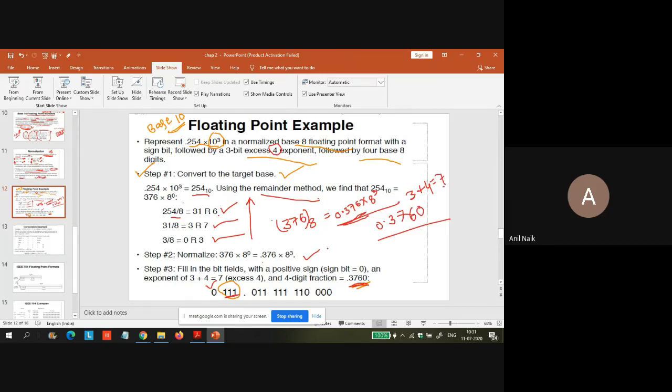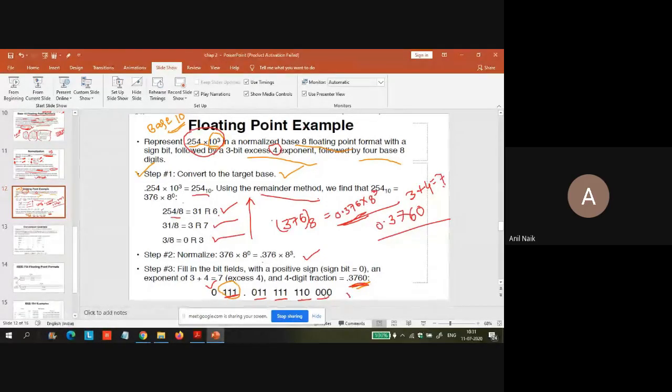So 7 in binary is 111, and it is octal. Octal means you have to represent it in 3 bits only. Hexadecimal means if it is 4. Okay. So 3760. We human beings understand in this format, 0.254 into 10 to 3.